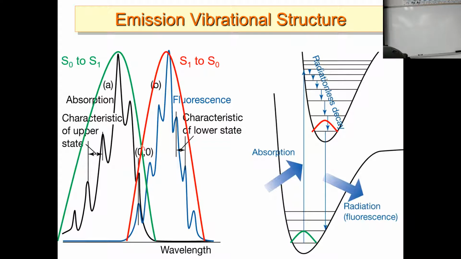And so we can label these like 0, 0, or I like to be more explicit and say that I'll come up here and label this one. That's the V double prime equals 0 to V prime equals 0. So that's the 0 to 0 transition.